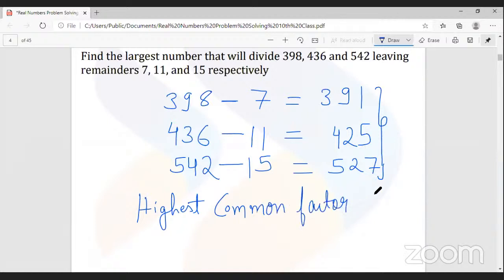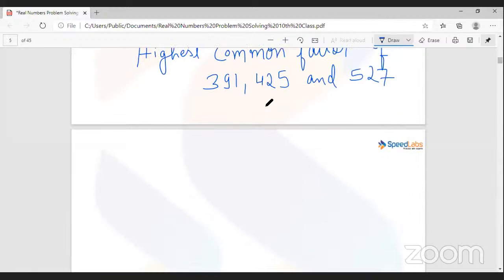So it is obvious that we have to find here the highest common factor of these resulting numbers, which are 391, 425 and 527. So who will tell me how to find the highest common factor?